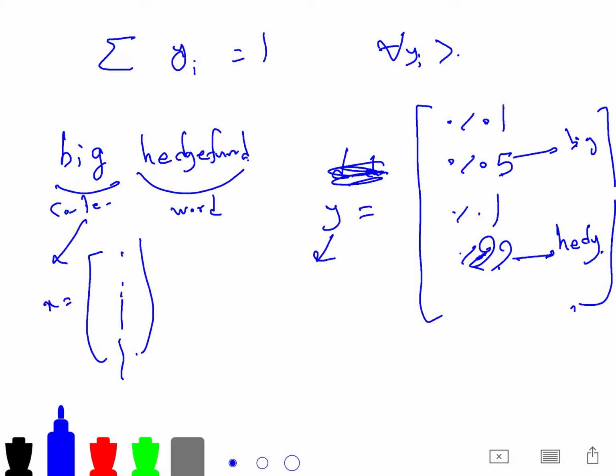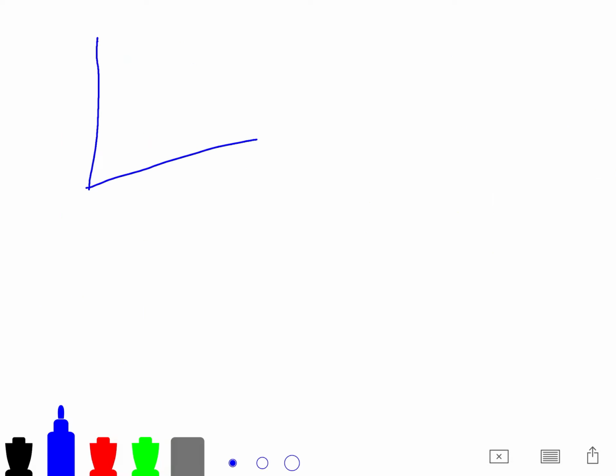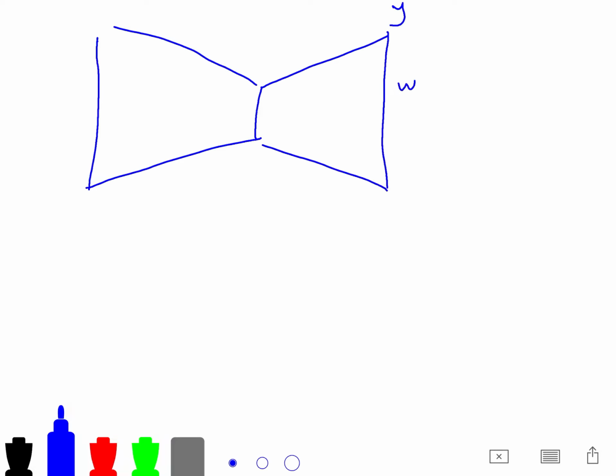And so you have this architecture. You have an output, you have word output, and you have some input. It is d-dimensional, and your W is d by p, and here W is p by d.